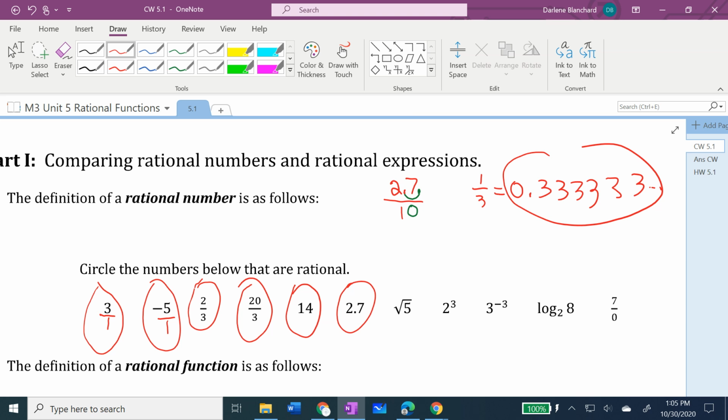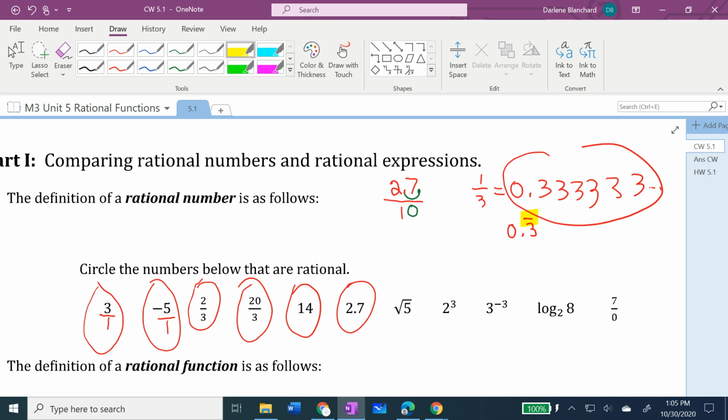So anytime you have a decimal number where it has a pattern, where it repeats, you guys have seen this type of symbol before, correct? Anytime it has a repeating pattern, it is possible to write it as a fraction.